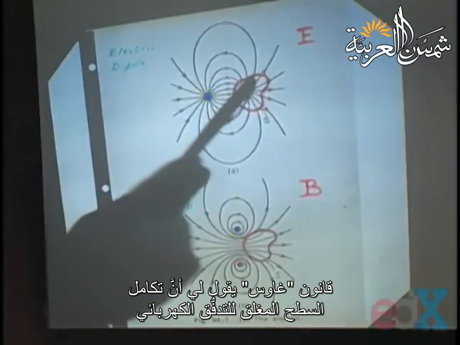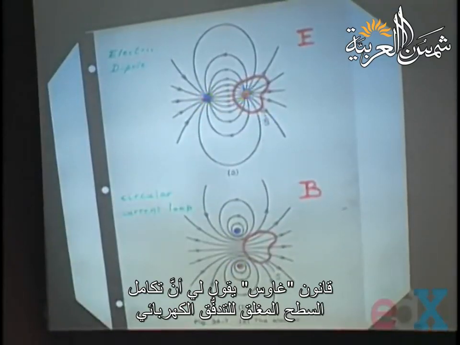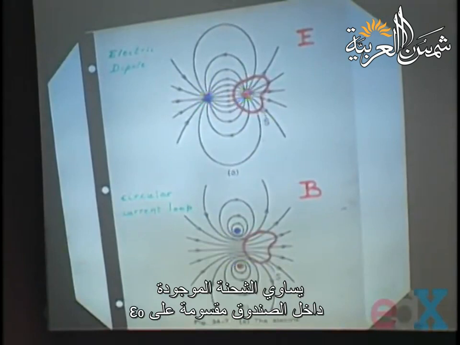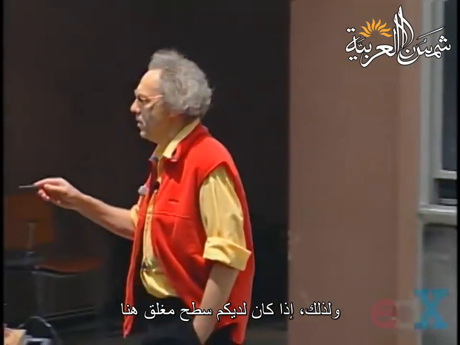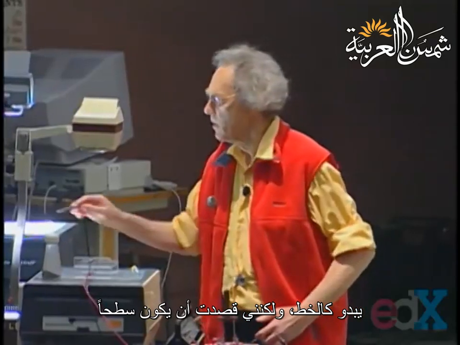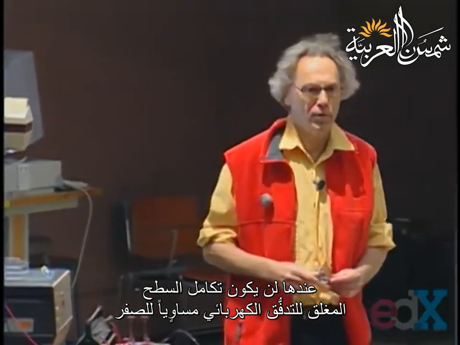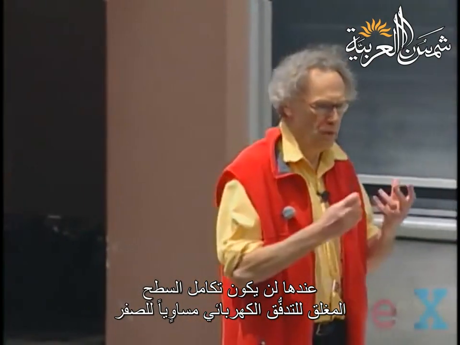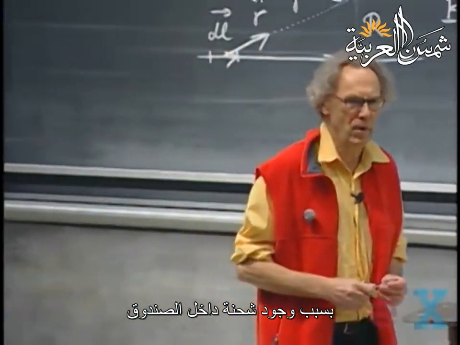Gauss' law tells me that the closed surface integral of the electric flux is the charge inside the box, divided by epsilon zero. And so if you have a closed surface here, it looks like a line, but I meant it to be a surface, then that closed surface integral of the electric flux is not zero, because there's a charge inside the box.